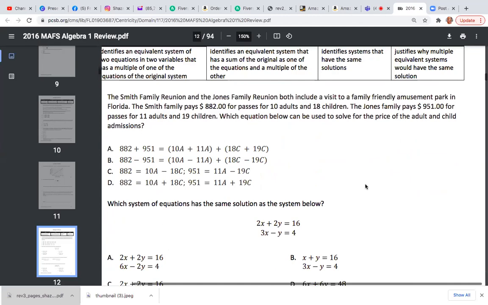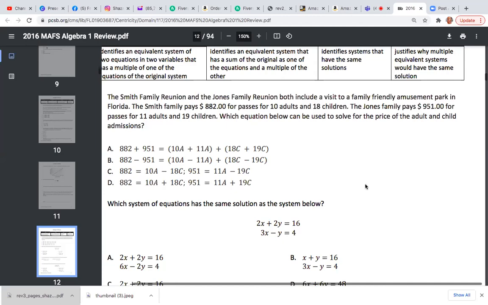The Smith family pays $882 for passes for 10 adults and 18 children, okay? And then the Jones family pays $951 for passes for 11 adults and 19 children. Which equation below can be used to solve for the price of the adult and child admission, okay?